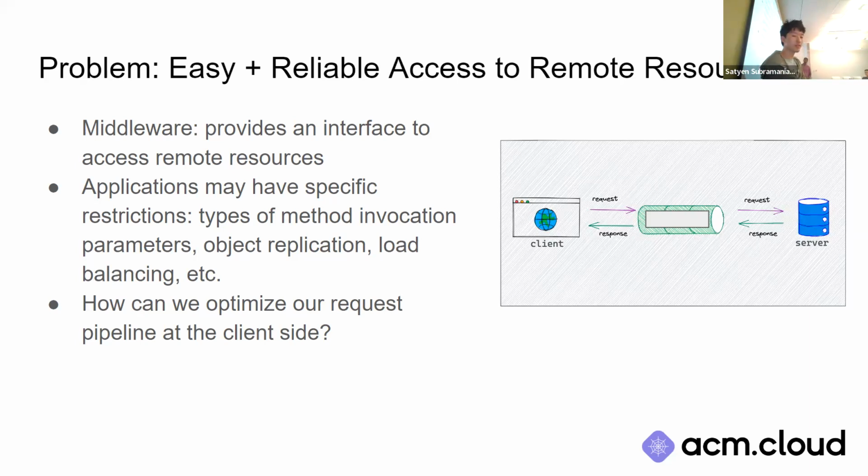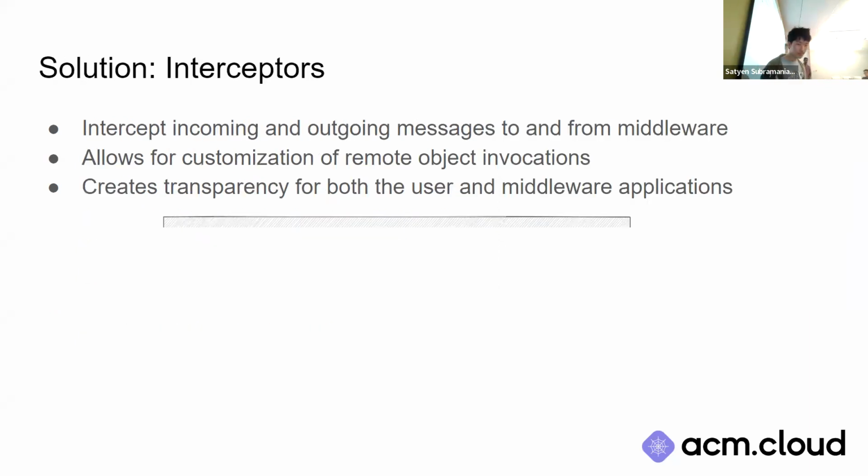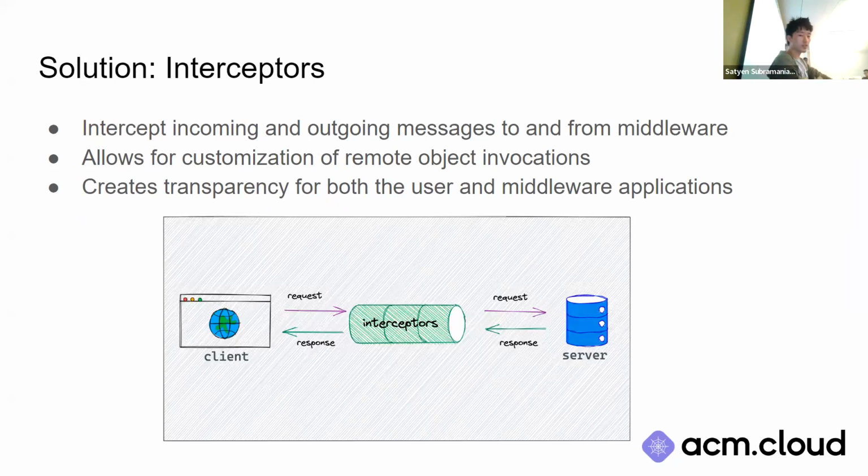And then load balancing, right? How can we optimize our request pipeline at the client side? Now, a solution is called an interceptor. An interceptor intercepts incoming and outgoing messages from the middleware, which allows you to customize the remote object identification and create transparency for both the middleware and the user application.